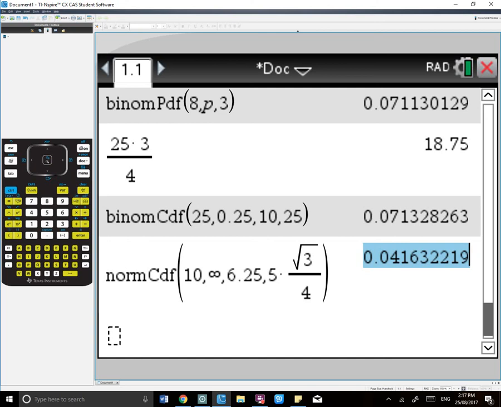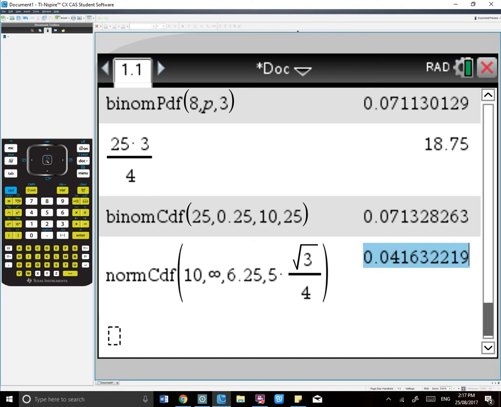You can have a look, they're not quite the same. It's not an accurate approximation. That's why I said it's a really bad chapter. This method is quite far away from the actual answer, but that's the way they want us to do it. Just do it.